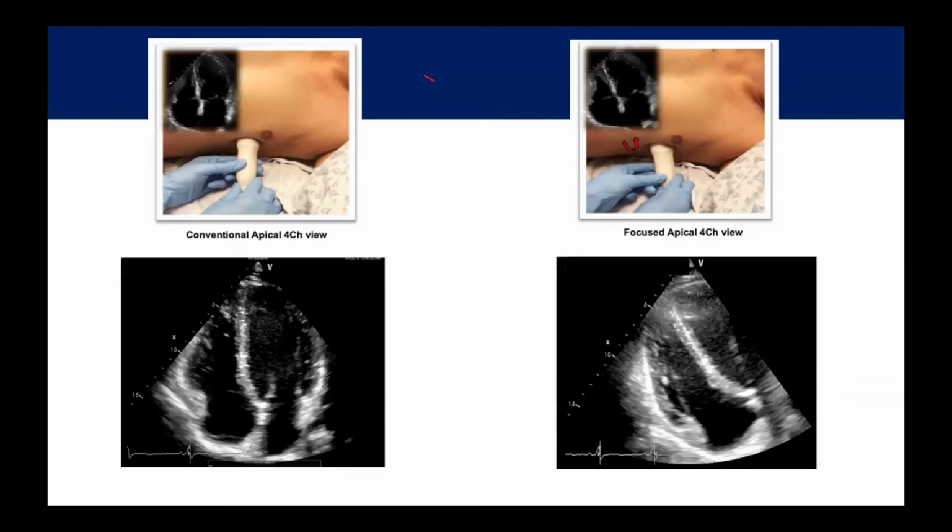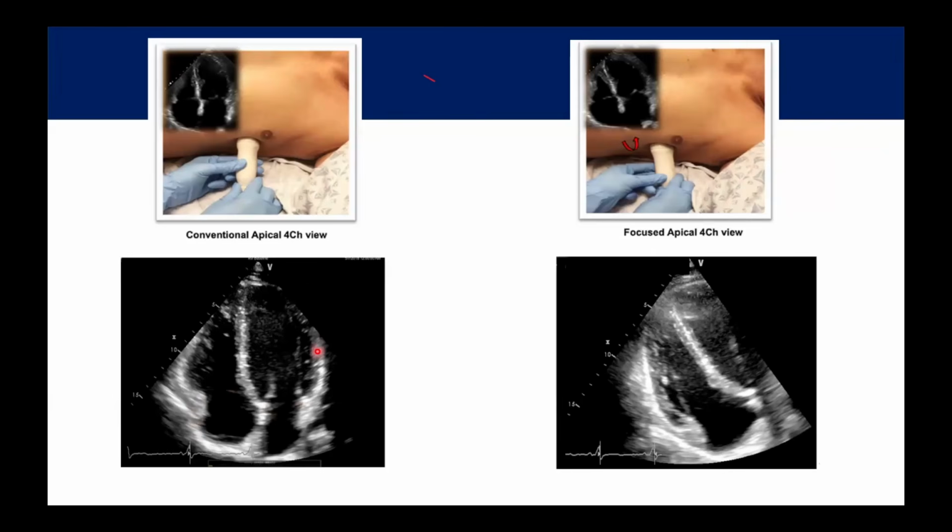So how do we overcome these challenges in some ways? The answer is in part the RV focused apical four-chamber view. The standard four-chamber apical view is optimized for the LV. The LV apex is centered on the screen, and the RV is off to the side and is foreshortened a bit.